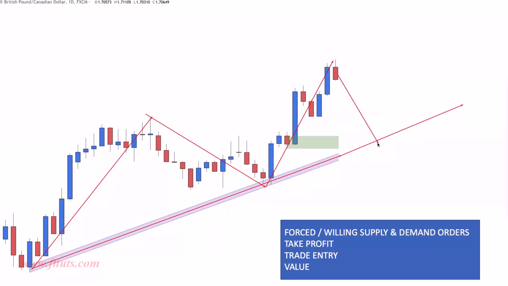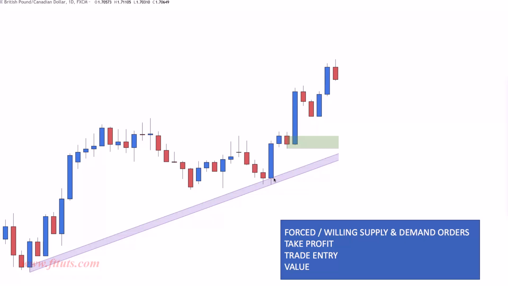And if prices come back into this level, they will be looking to buy, right? This is going to be willing demand in this level if traders are looking to buy at this area, based off projecting into the future diagonal support.